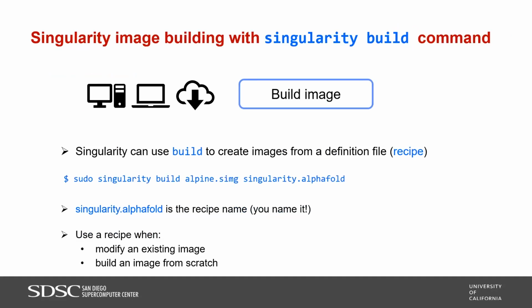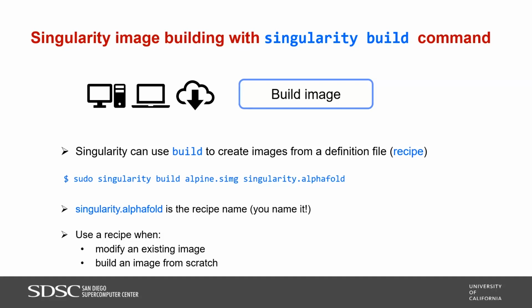And besides directly building images from Docker Hub or Nvidia or BioContainers, usually you will need to create your own definition files. We call it a recipe. So that can also be done by the Singularity build command.